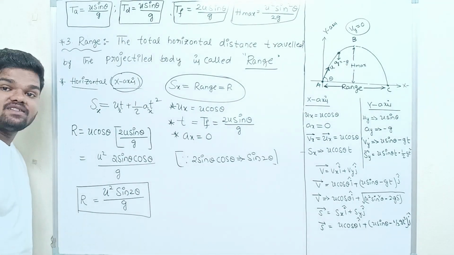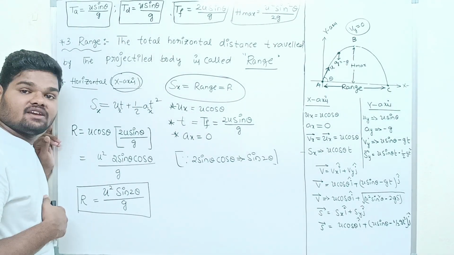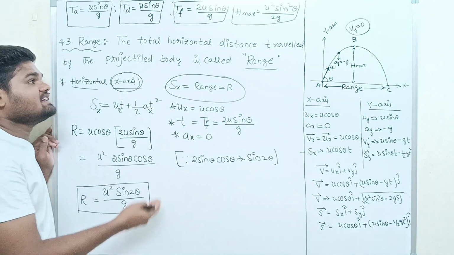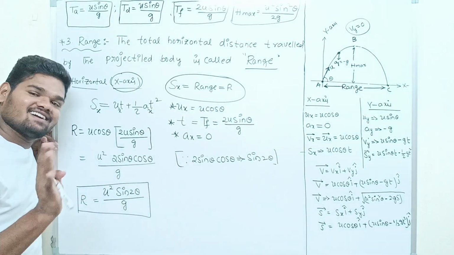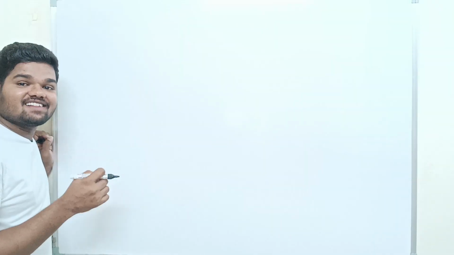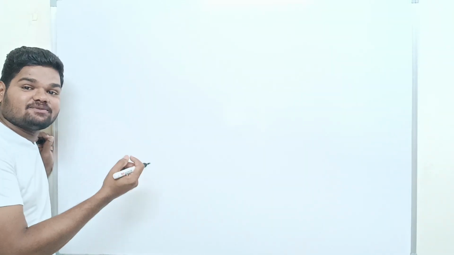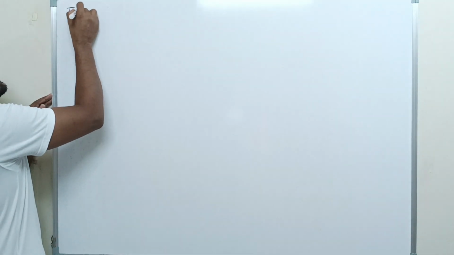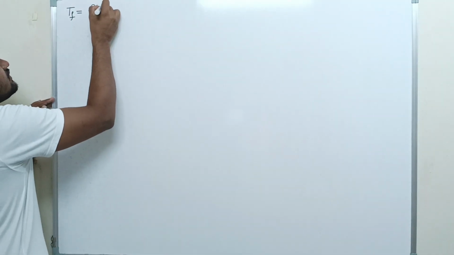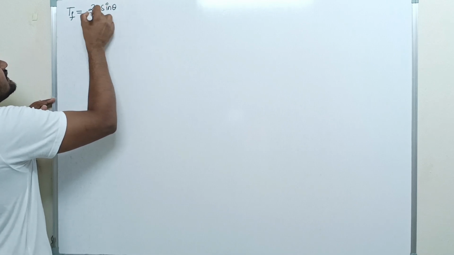Okay, so next we have the applications. I'm going to solve the applications based on R, T_f, and H max. Right, so we got the formulas for time of flight, H maximum and the range. Time of flight, T_f, is equal to 2u sin theta by g.